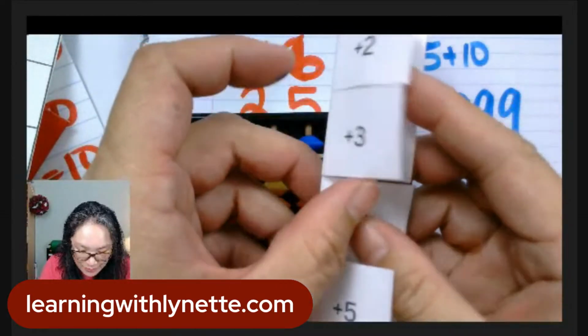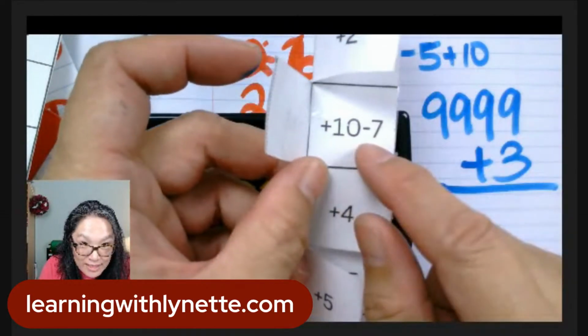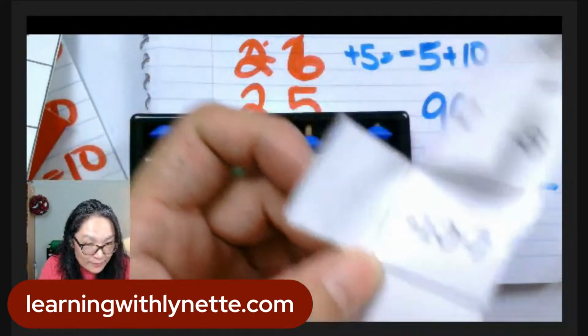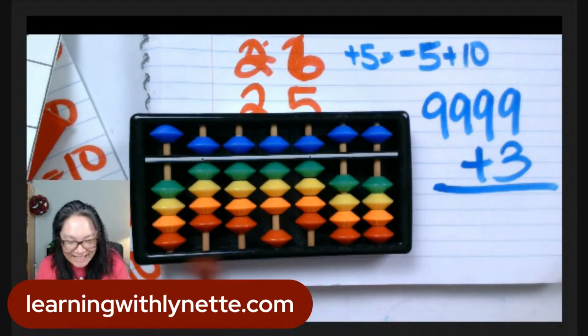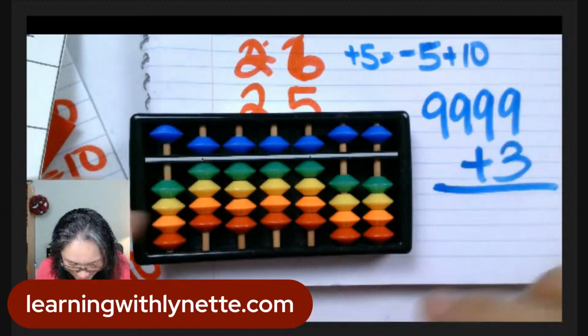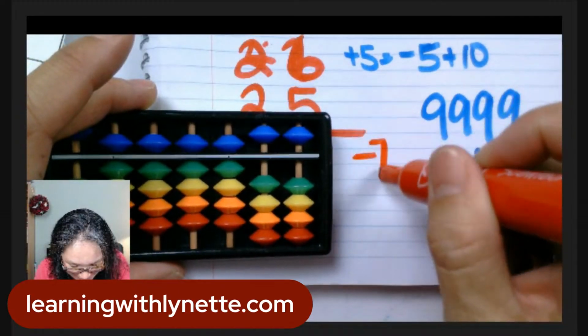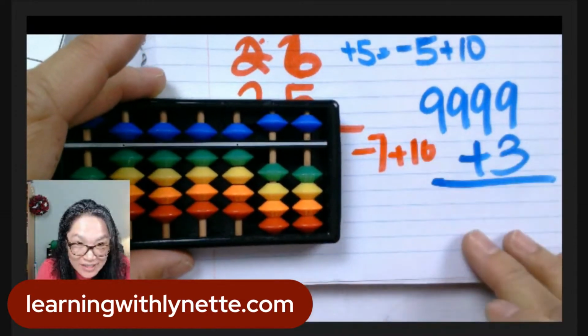Yes, plus the 10 minus the 7. So minus the 7 plus the 10. Yes, we could do that. We're going to minus the 7 and plus the 10. That's what we're going to do.